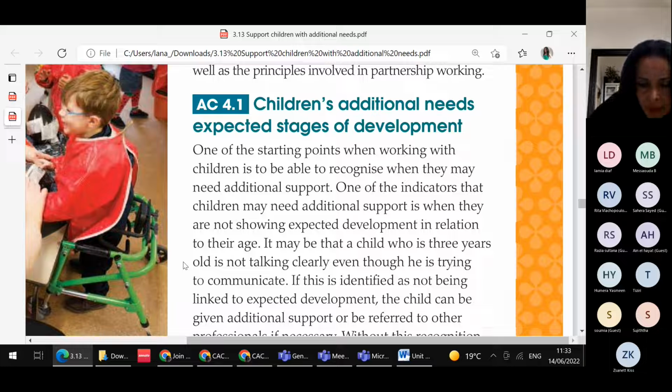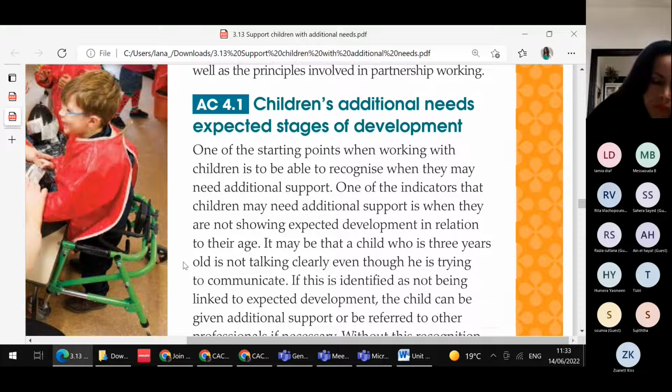For example, here they have in the book a child who is 3 years old. You need to compare him to other children of his or her age. If he's not talking clearly, even though the other children of his age are communicating very well, then we spot there are some learning difficulties.